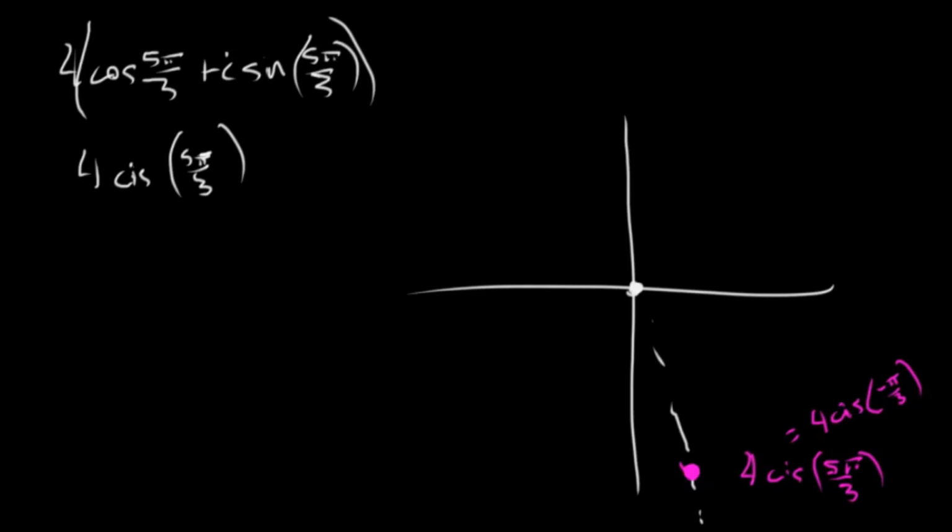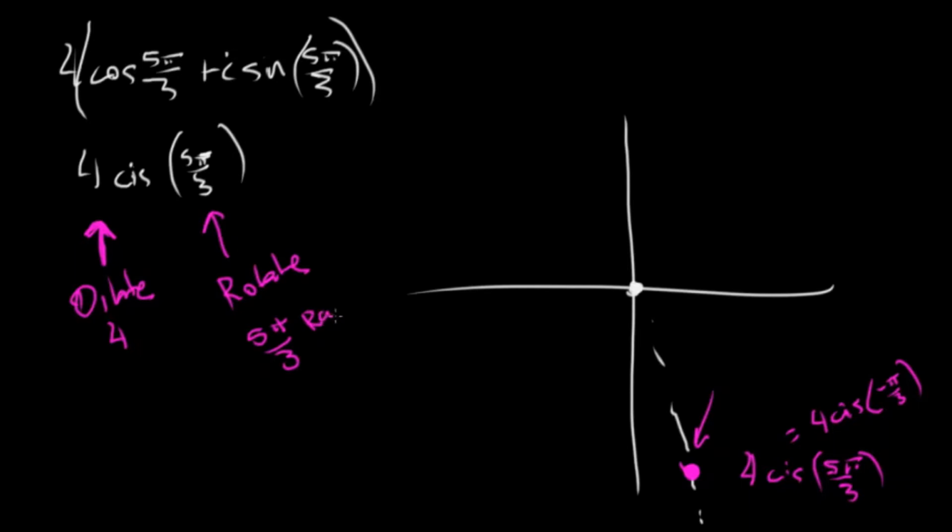One of those benefits is that this number, 4 cis 5 pi over 3, tells you the geometric function of this number. The rectangular form doesn't tell you the function immediately, but this says dilate by a scale factor of 4 and rotate 5 pi over 3 radians.